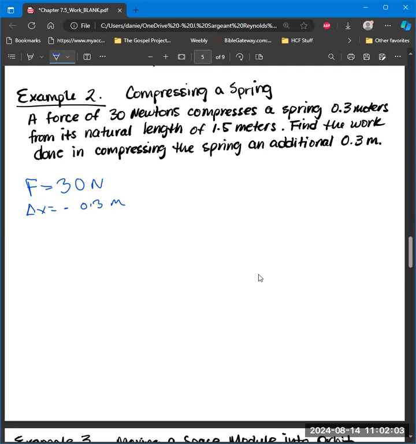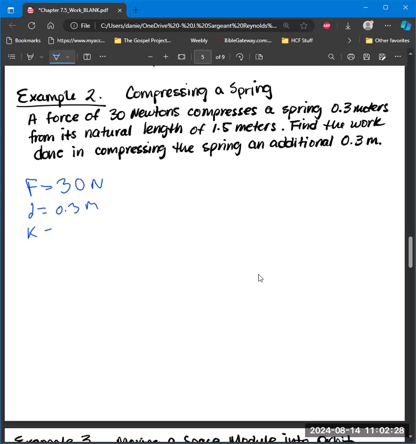Find the work done in compressing the spring an additional 0.3 of a meter. So we need to find K. Let's not worry about which direction we're going in; the distance d that we moved it is 0.3 of a meter.